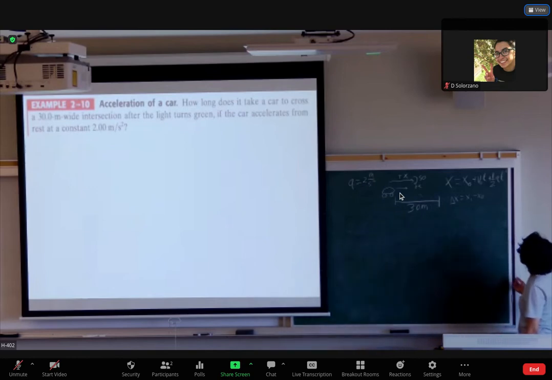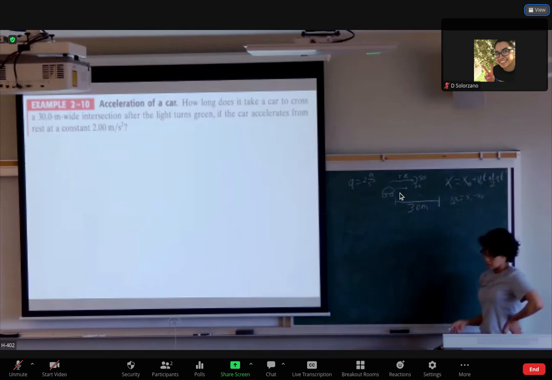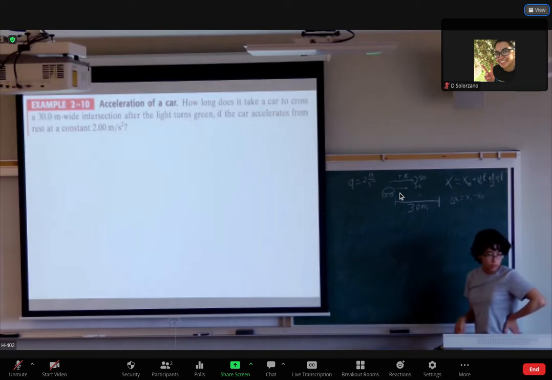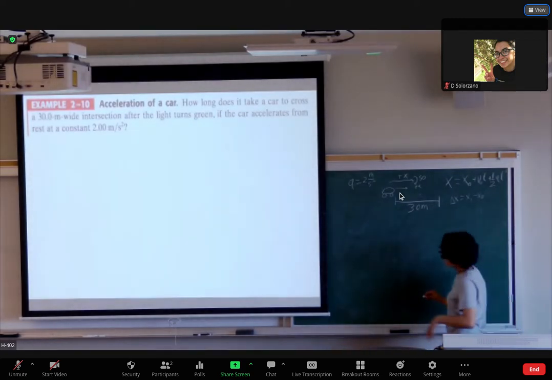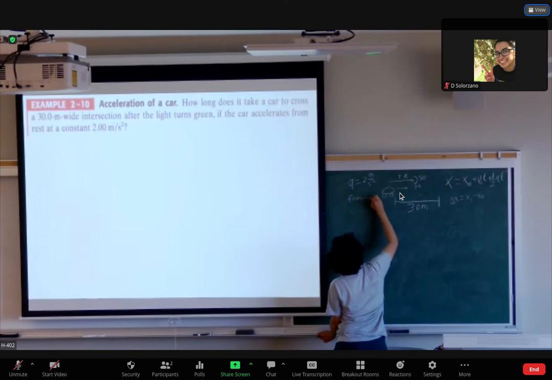So let's check this out. You have acceleration that's given to you. It's constant, however, so you're not going to input time. You have your initial velocity, which was rest, because it says rest. So from rest, v naught is equal to 0, right?